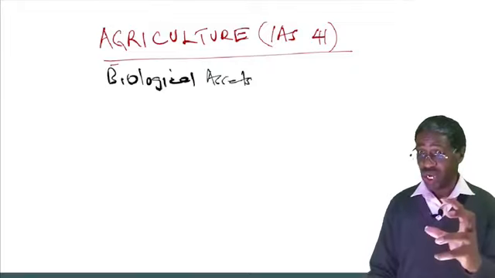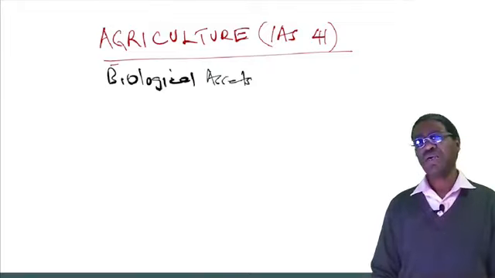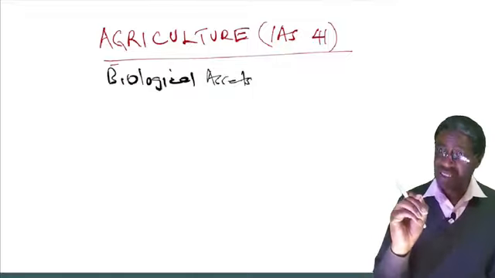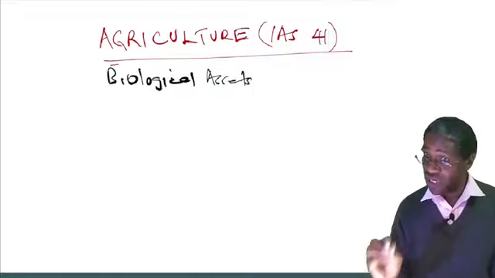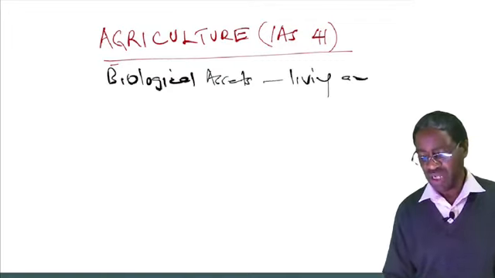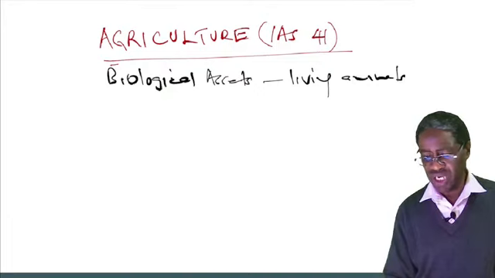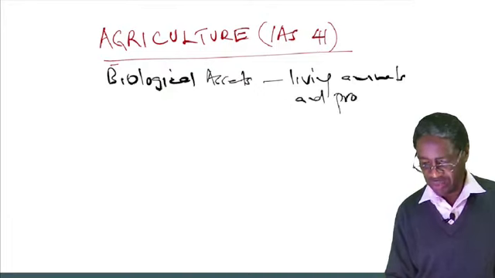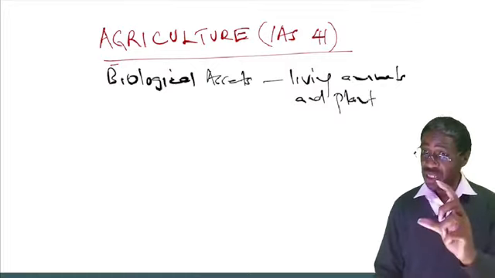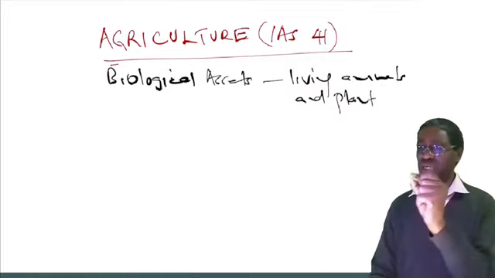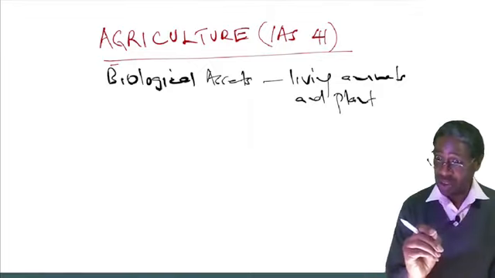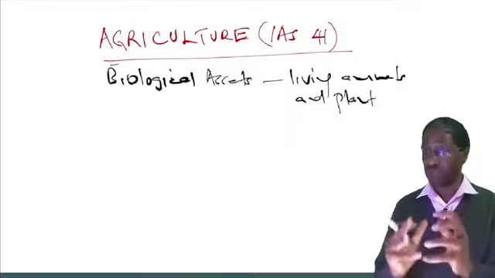What's a biological asset? We normally say biological assets are living plants and animals. We define biological assets as living animals and plants that are used to produce a harvest, or what we call harvested produce.